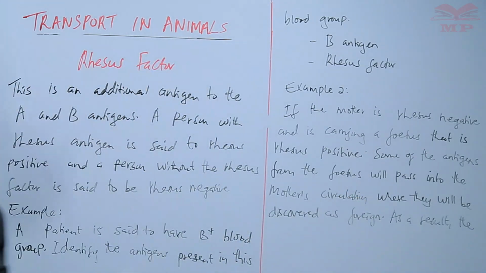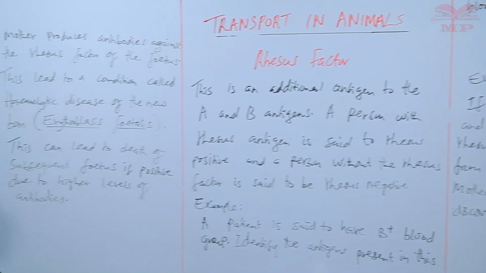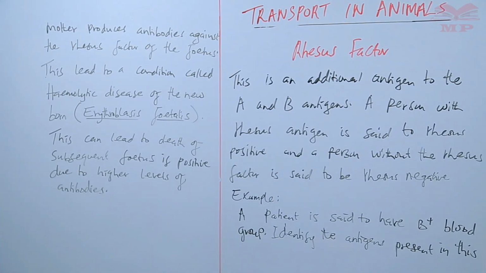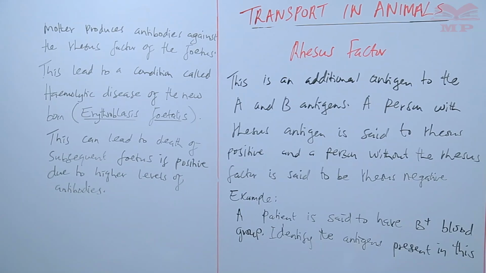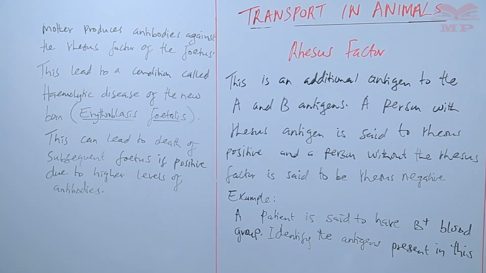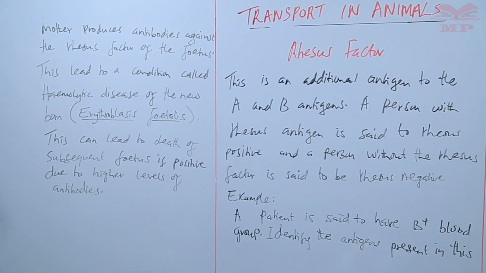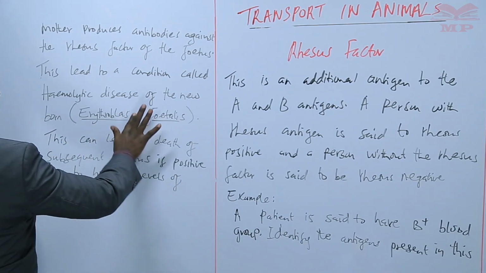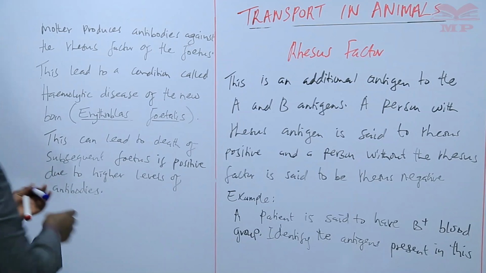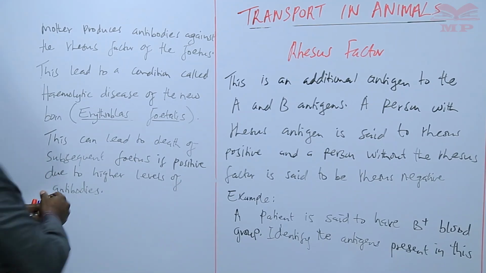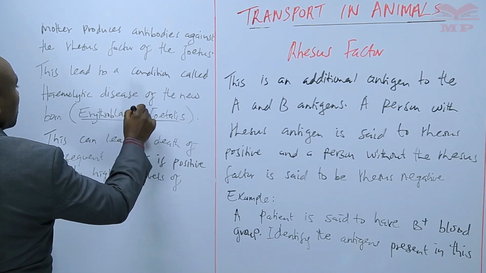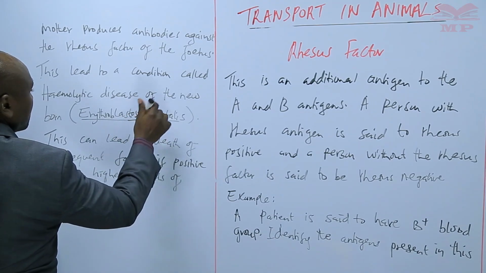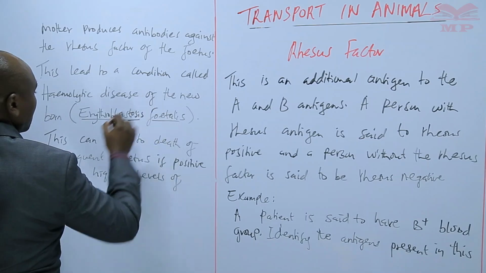So as a result, the mother's circulation produces antibodies against the Rhesus factor of the fetus, leading to a condition known as hemolytic disease of the newborn or erythroblastosis fetalis.